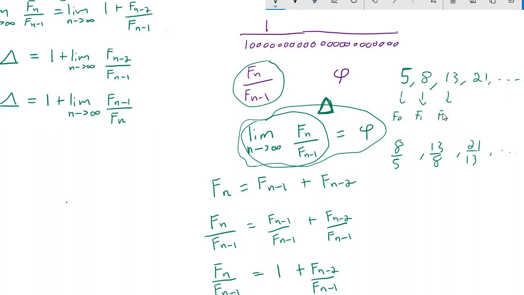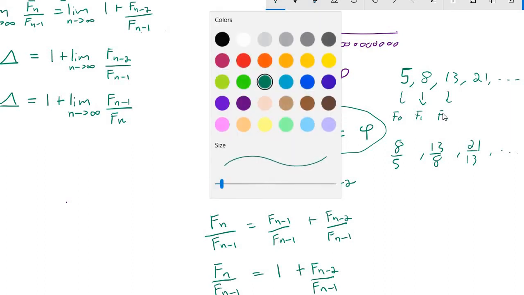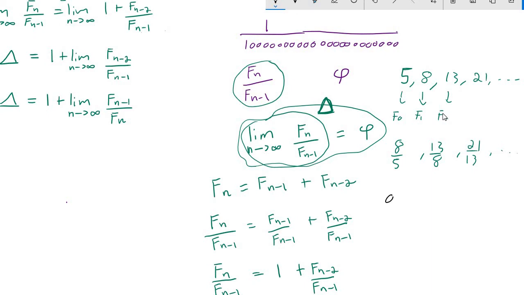And now look, if we look at this limit over here, we're flipping the fraction around from this limit. And so if you remember some basic rules of fractions, we have that a over b is just, say, 1 over b over a.